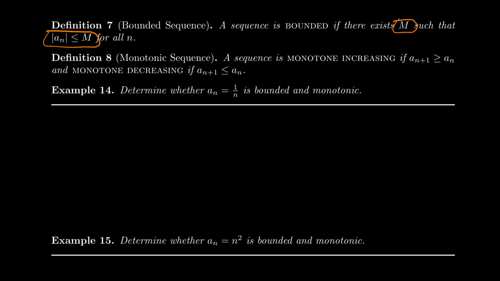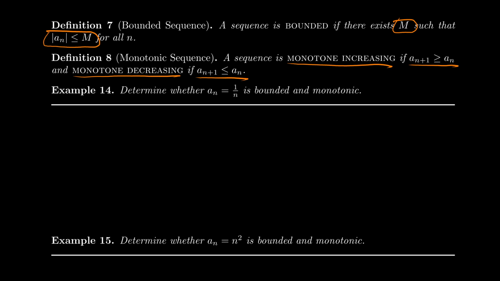There's some upper bound or lower bound. That means that it's bounded. Cool. And then a sequence is said to be monotone increasing if every number after the last one is bigger, and it's monotone decreasing if every number after the previous number is smaller.